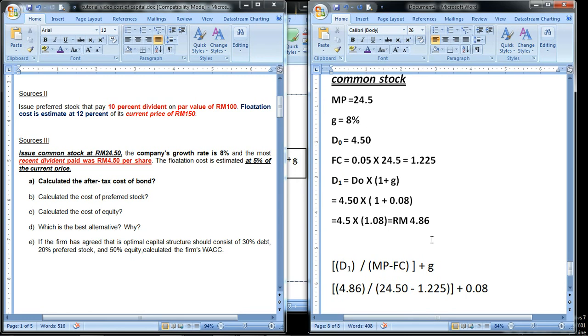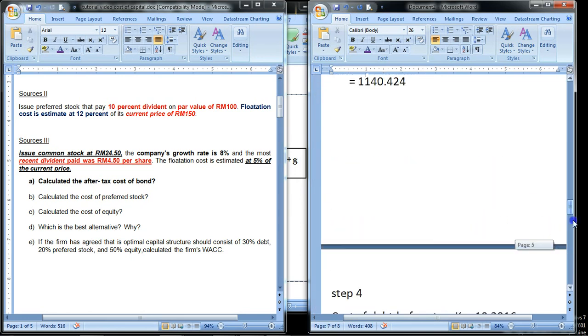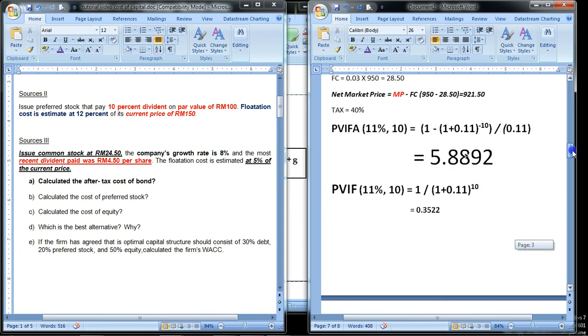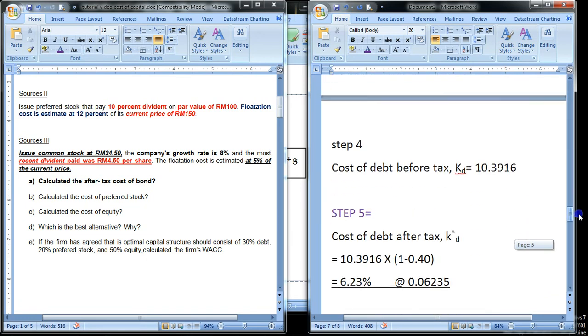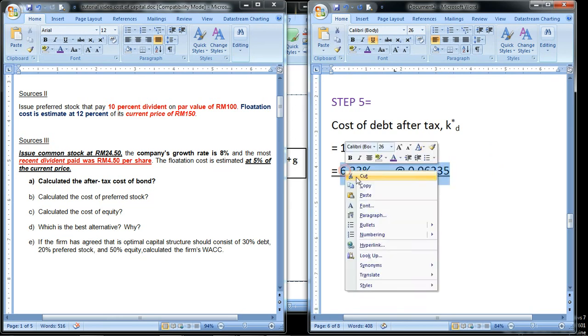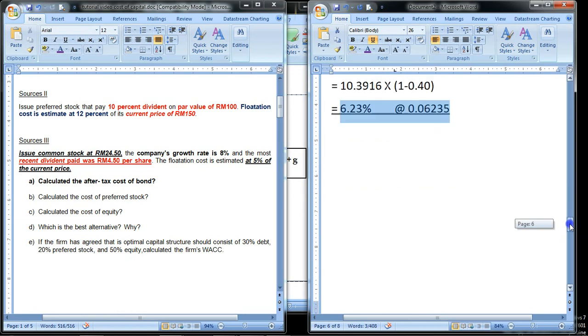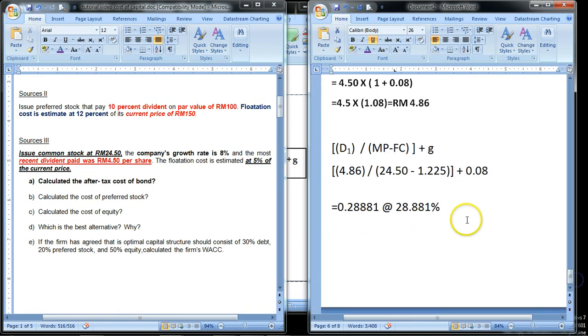Alright, that's all. We calculated our cost of bond just now in the first video on bond. The cost of bond is 6.23. Next, cost of preferred stock and cost of common stock. So we have calculated three costs of financing.